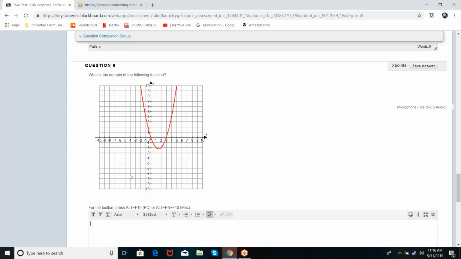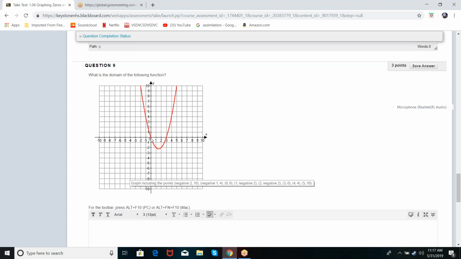Range, you want to get your eyes going up and down only. So what's the lowest value it can be? The absolute lowest value on the y-axis? 0. That's what range means. It's the range of the y values.